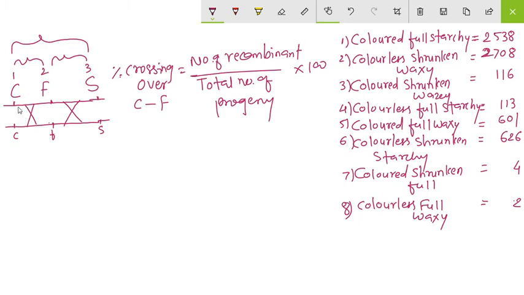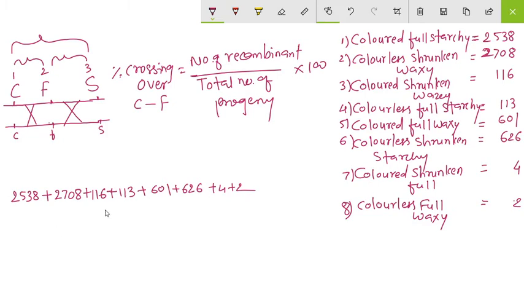We will write here the total number of progeny: 2538 plus 2708, these are the parental, plus 116 plus 113 plus 601 plus 626 plus 4 plus 2.